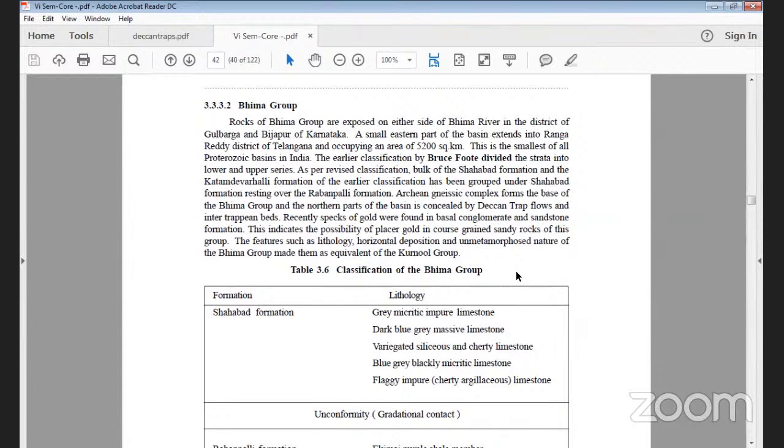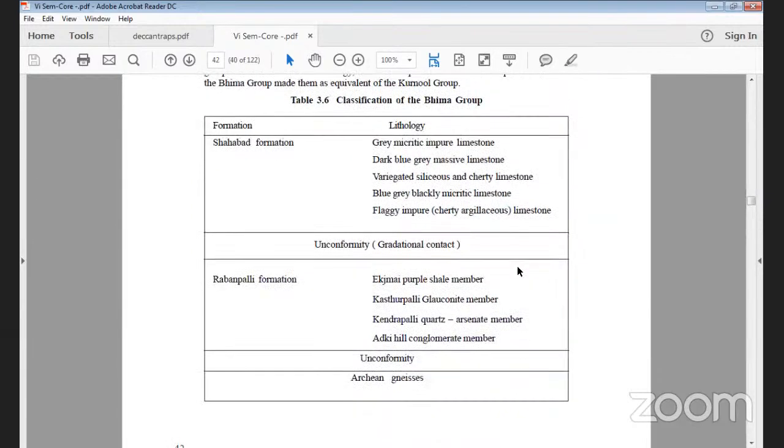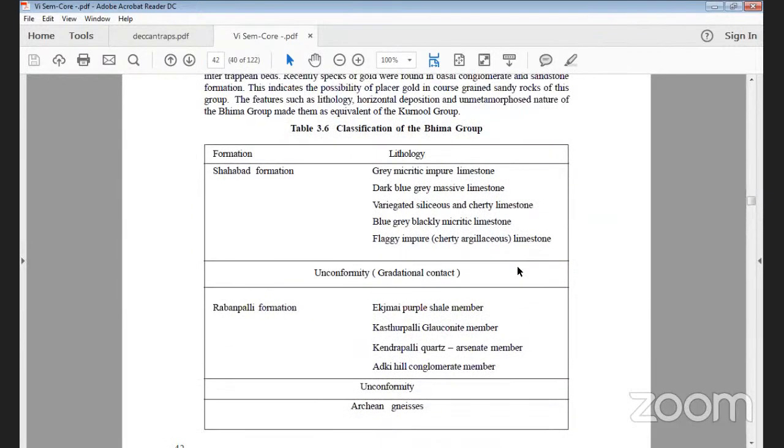The main lithological features, like horizontal deposition and the unmetamorphosed nature of the Bhima group, make it equivalent to the Kurnool group. Yeah, this is the classification of the Bhima group.